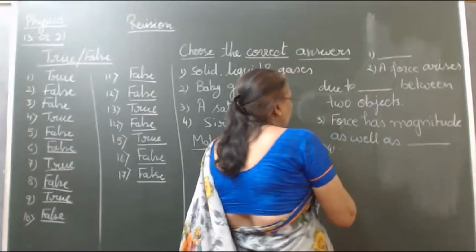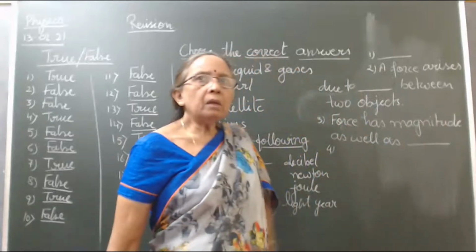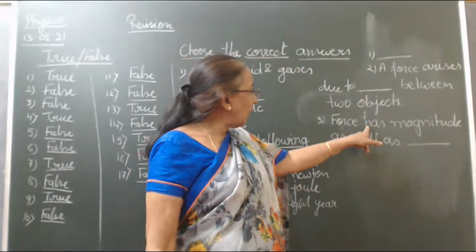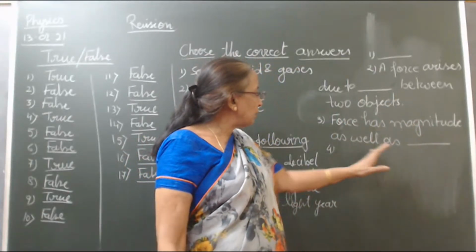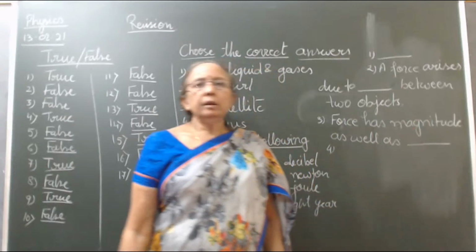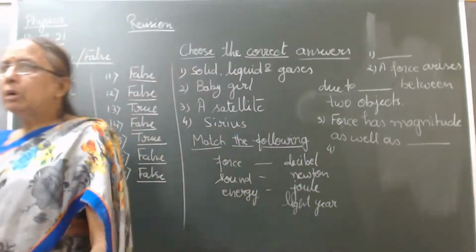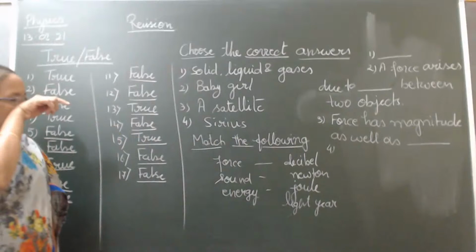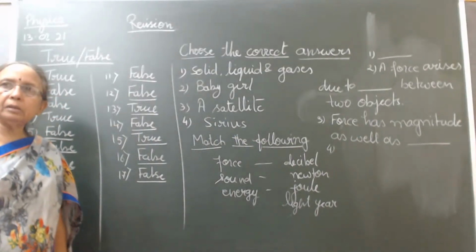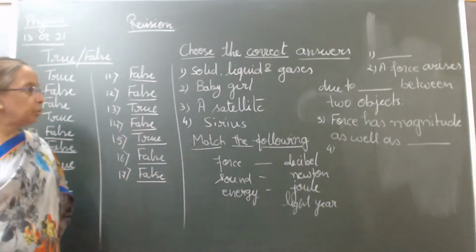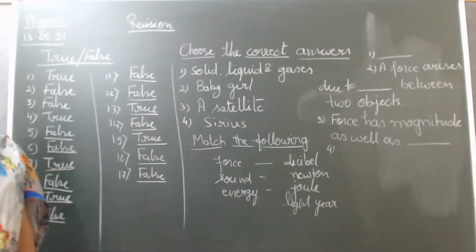That's the word I will leave. Otherwise, I will write "Force has magnitude," or magnitude I will skip, as well as direction I will write. Then you have to fill up the words. Magnitude or direction, whatever it may be, the dash you have to complete.